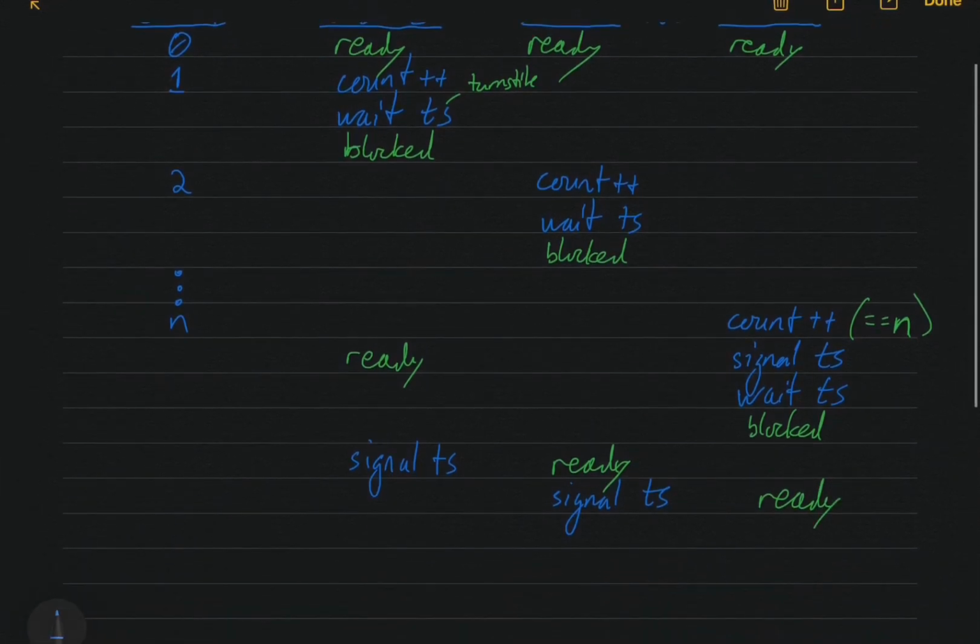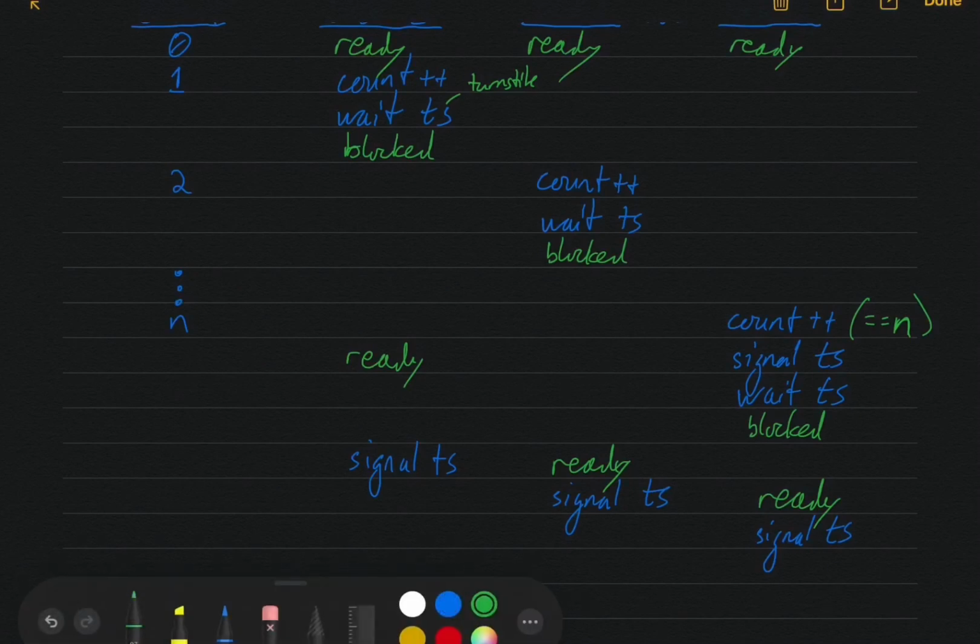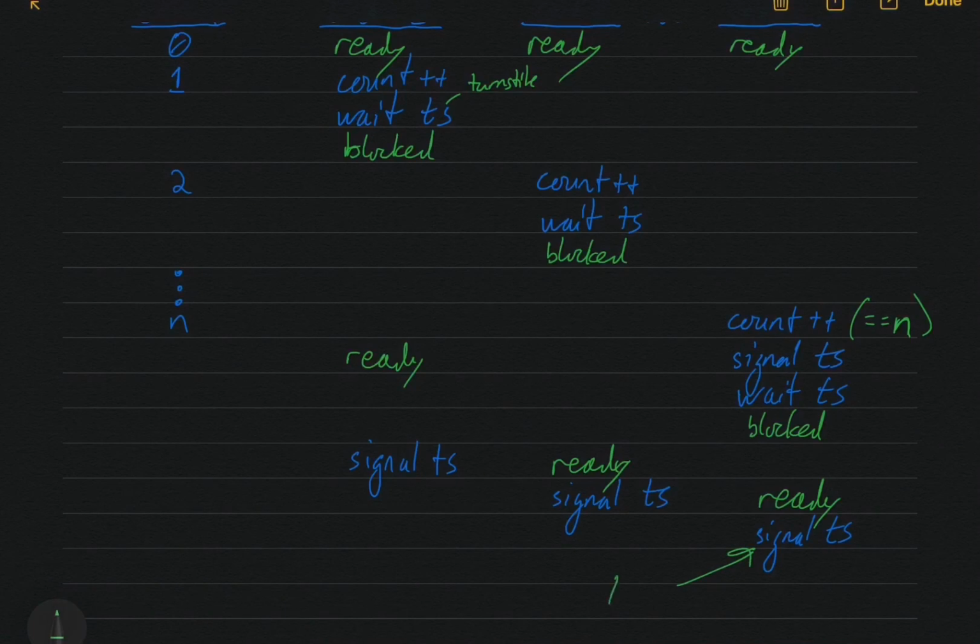Then the last thing that task n will do is signal the turnstile. And in this case, the value of the turnstile becomes 1. So at this point, turnstile becomes 1.